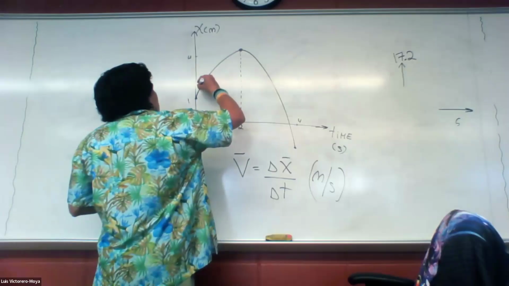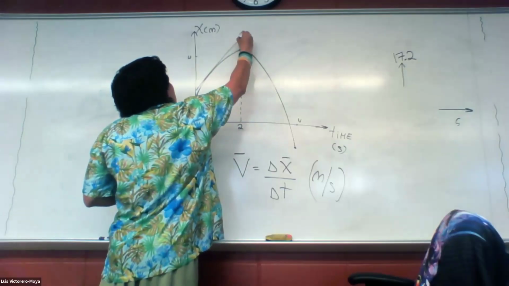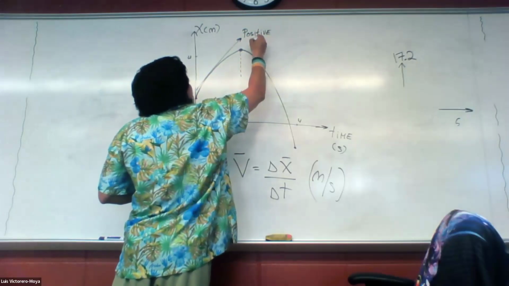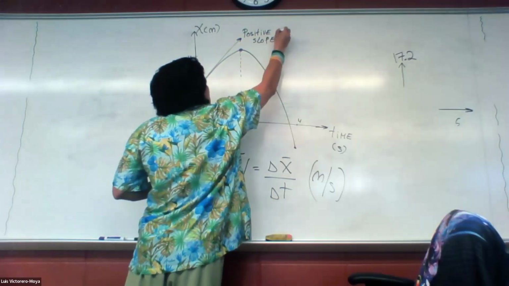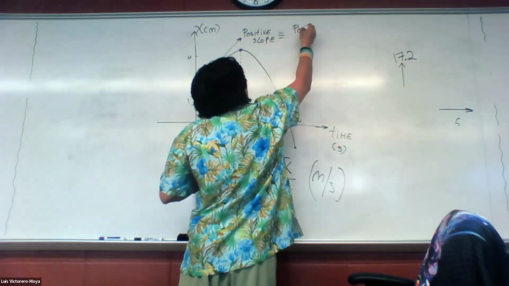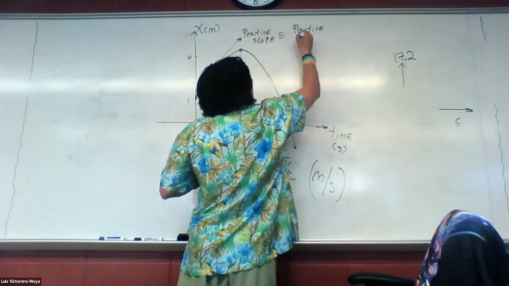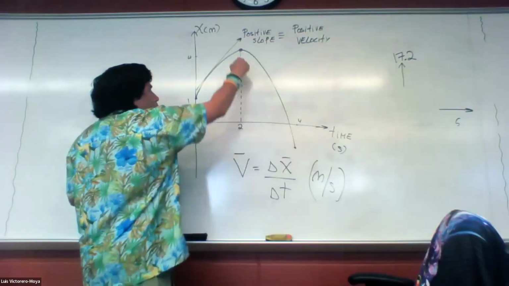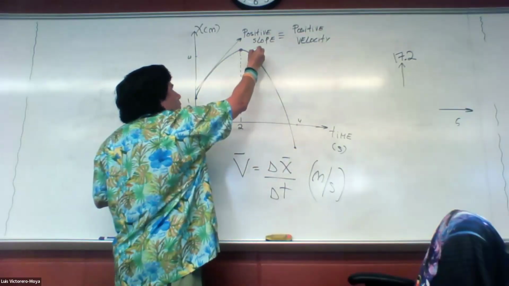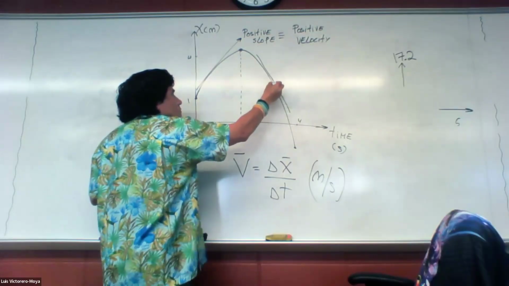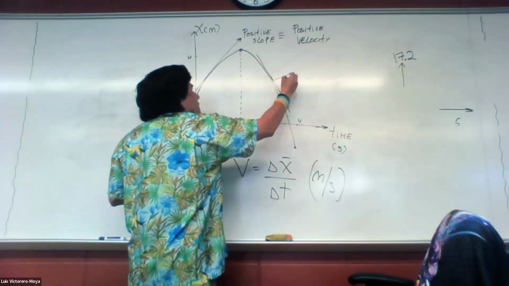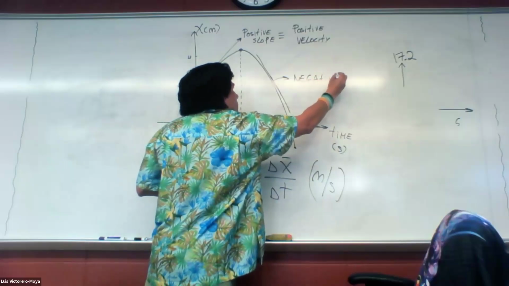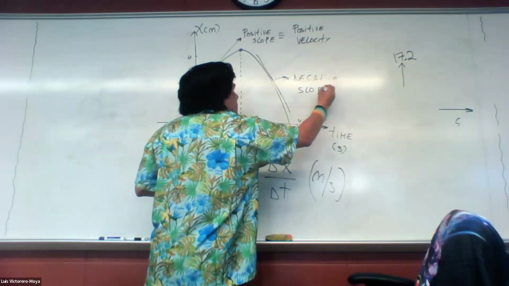So any line like that has a positive slope, meaning positive velocity. And between 2 and 4 seconds, my line will be like this. This has negative slope, which is a negative velocity.